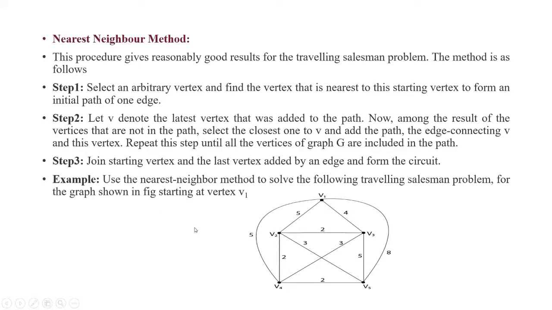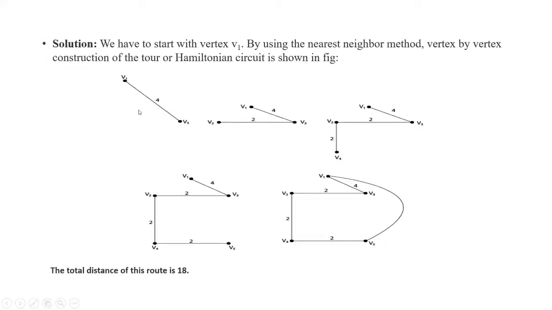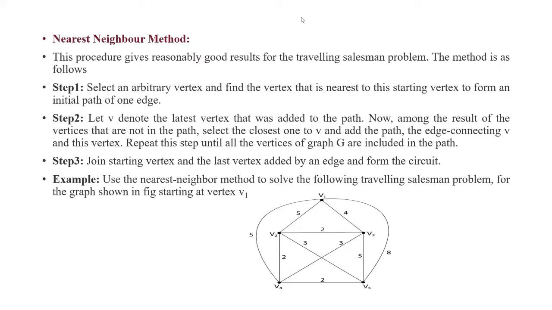Here the starting vertex for this example is V1. So we start with V1 and use the nearest neighbor method. How do we find the nearest neighbor?